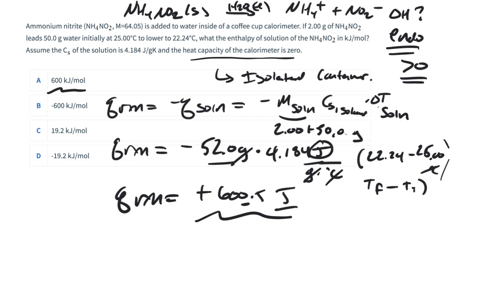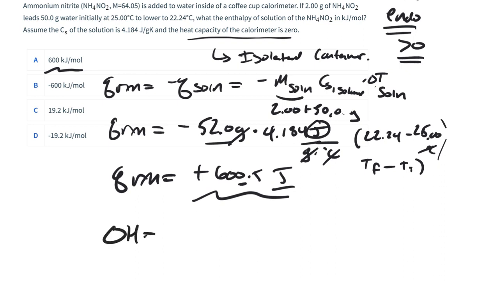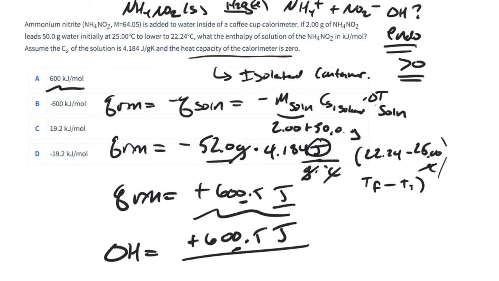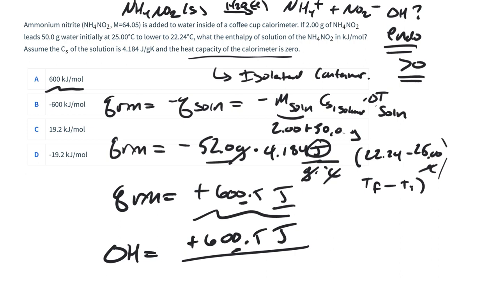And so the way I could get my delta H would be to take the 600.5 joule value and divide, taking that heat per amount of whatever the limiting reactant was in the reaction we were carrying out, which was only one reactant, ammonium nitrate.